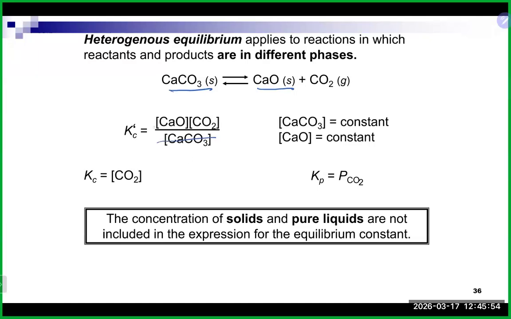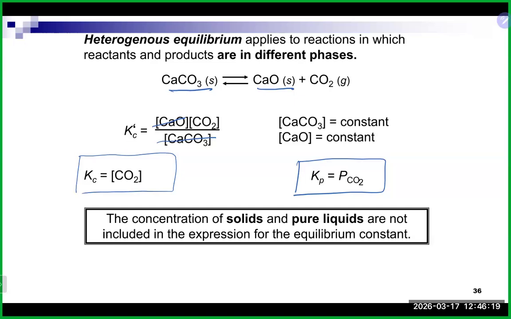So we would not include those in there. So as I mentioned earlier, this would be the proper equilibrium expression for this one, excluding the two solids that are there, one on each side. And if we had to do a Kp, which we could because there is a gas molecule there, the CO2, we would write the Kp is equal to the partial pressure of CO2, and that would be it.